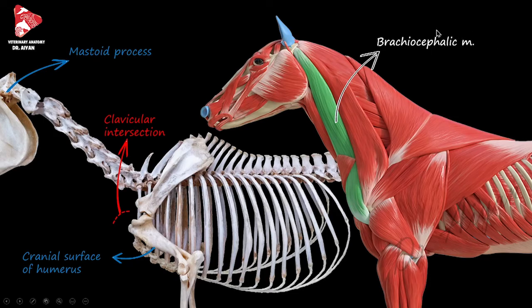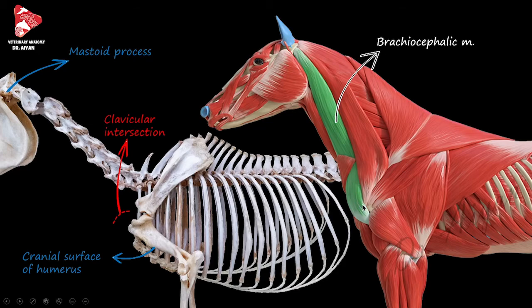Again, the brachiocephalic muscle has 2 parts in the horse. This one toward the brachium, toward the humerus, is the cleidobrachialis muscle. Toward the head is the cleidomastoid muscle. This muscle is also innervated by the ventral branches of the cervical spinal nerves.